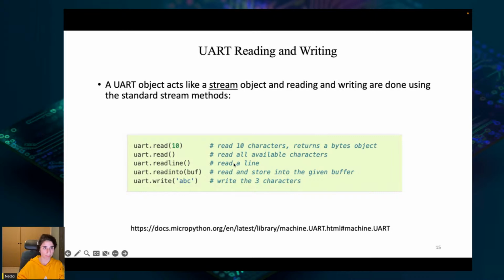There is UART.readline(), which reads a line, and UART.readinto(buf), which reads and stores into the given buffer. And UART.write('abc') writes the 3 characters. You can find more information about UART in this link, about all other methods and functions, if you need.